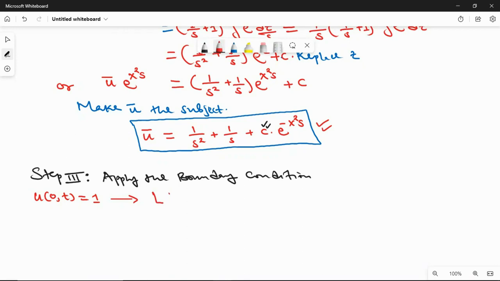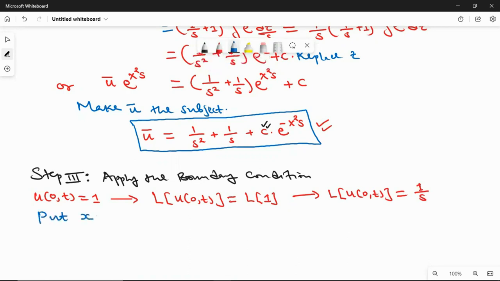So the transform of u of 0, t is the same as the Laplace transform of 1, which means the Laplace transform of u of 0, t is equal to 1 over s. What does it mean? That we put x equals 0 and u bar equals 1 over s in, let's call this equation star.